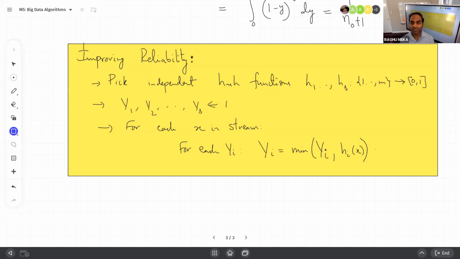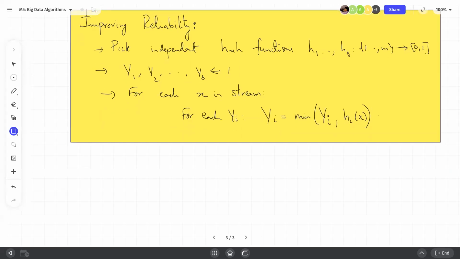So earlier we were always overestimating, so we said take the minimum. But now we could be overestimating, we could be underestimating, we could be doing all kinds of things. So what should we return in the end? The average, yes.